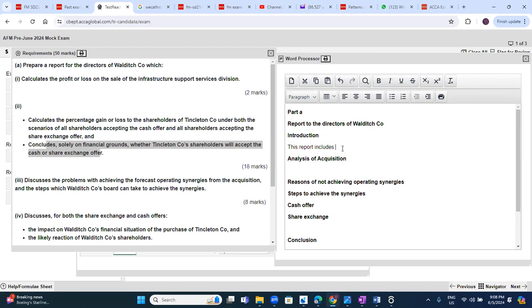This report includes the first requirement, profit and loss.